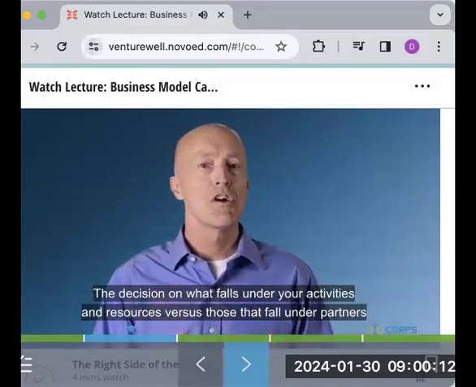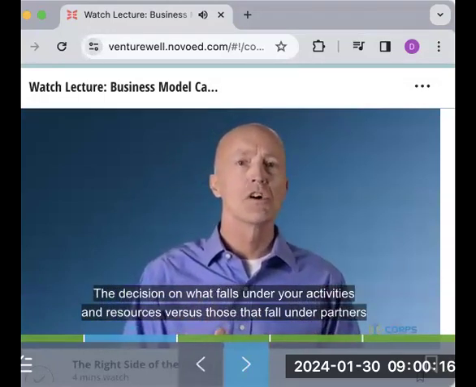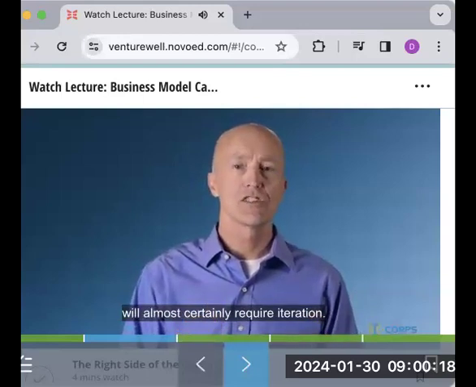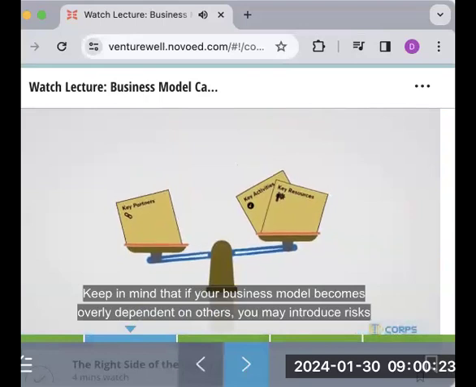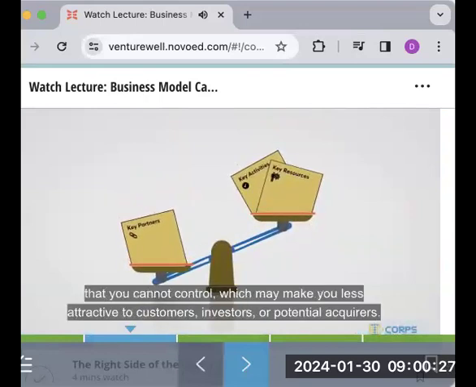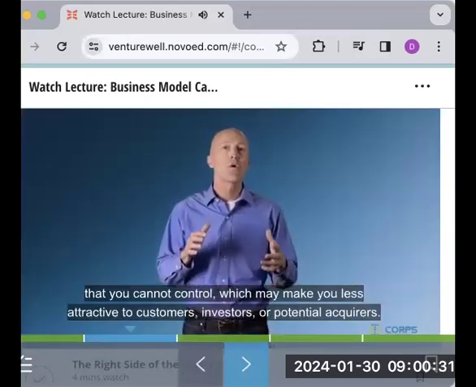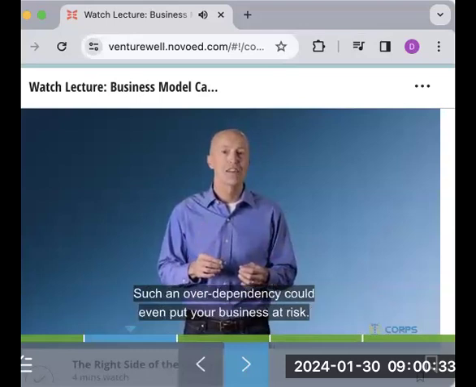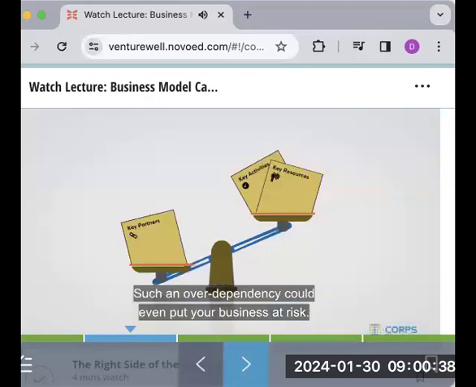The decision on what falls under your activities and resources versus those that fall under partners will almost certainly require iteration. Keep in mind that if your business model becomes overly dependent on others, you may introduce risks that you cannot control, which may make you less attractive to customers, investors, or potential acquirers. Such an overdependency could even put your business at risk.